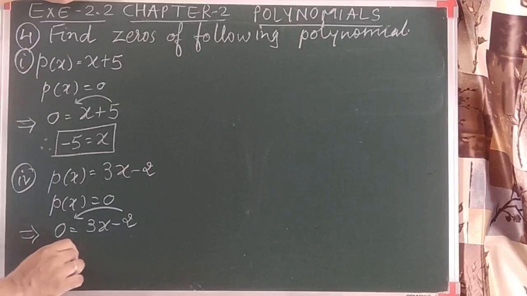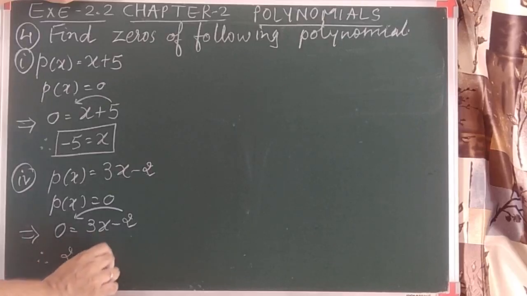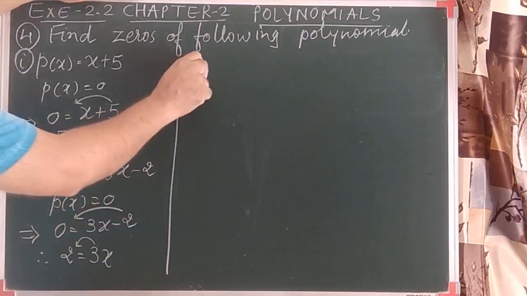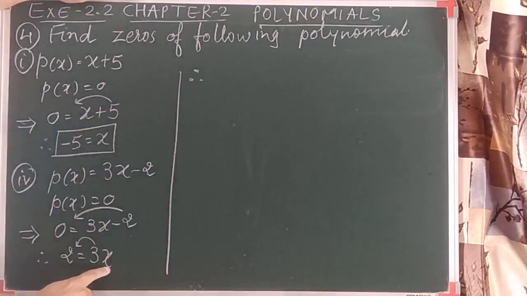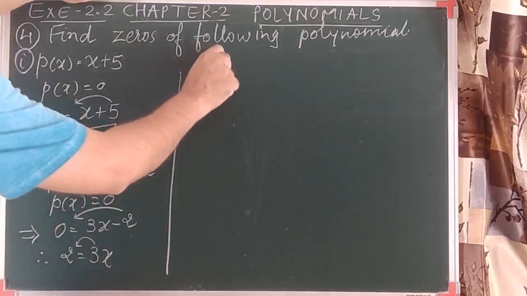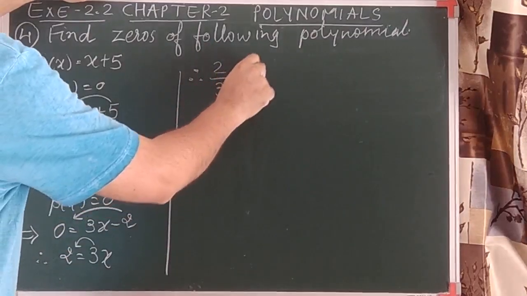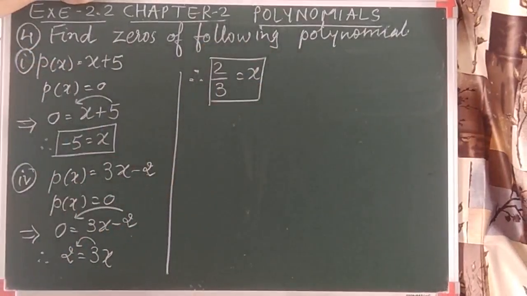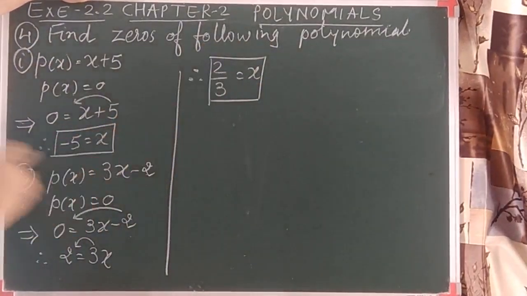So that becomes plus 2. Now to find out the value of x, we have to take this 3 to the left hand side. And we know 3 is in the product with x. 3 का x के साथ relation क्या है, multiply. तो वो सामने आएगा तो that becomes in the division. So this is the value of x. This is called the zeros of this polynomial.